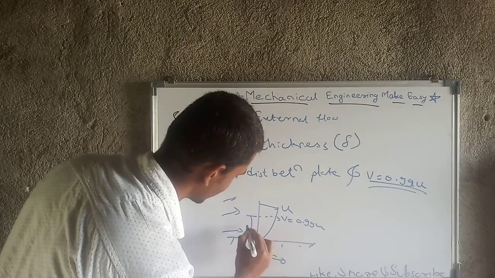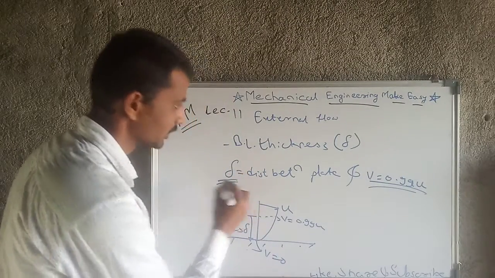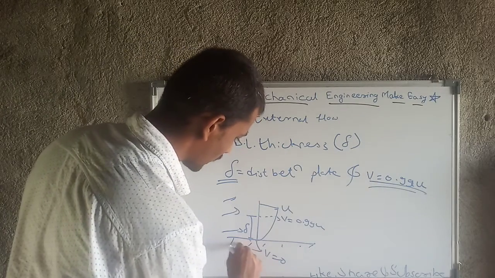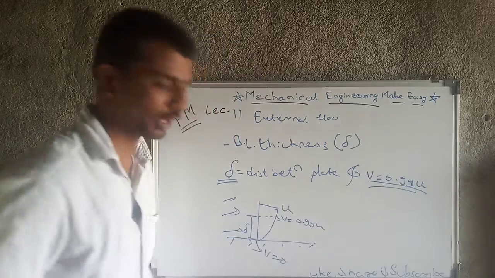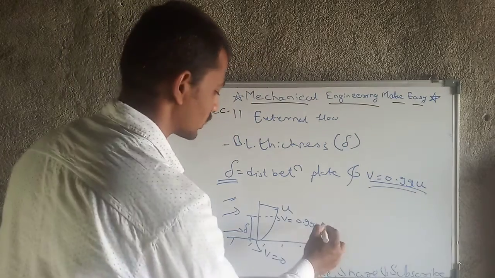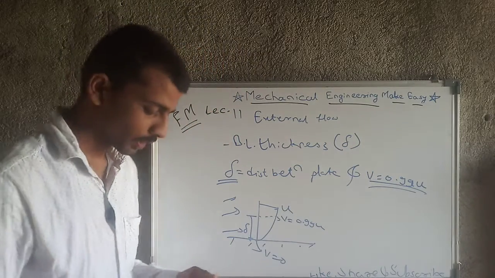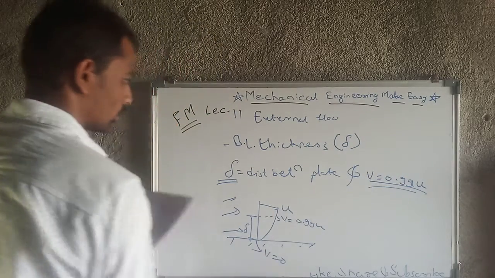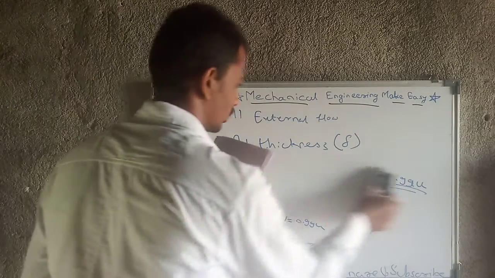So this is exactly the delta, that is boundary layer thickness, meaning the distance from the plate to where the velocity becomes 0.99 u, where u is nothing but the free stream velocity. Okay, this is all about boundary layer thickness.